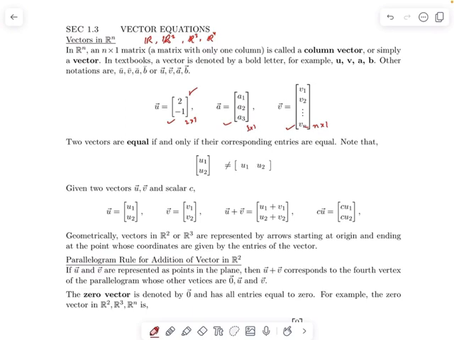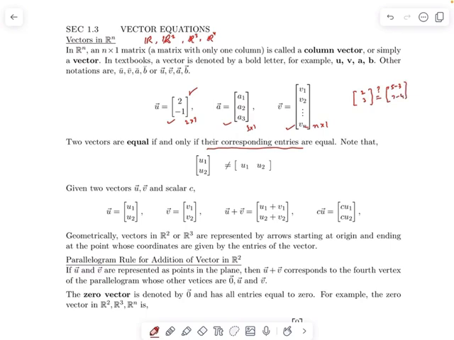We say two vectors are equal if and only if their corresponding entries are equal. And the first thing actually should be that their size is equal. They have equal size, and also their entries are the same. For example, we can have 2, 3 here equal to x plus 5, well, let's say 5 minus 3 and 7 minus 4.